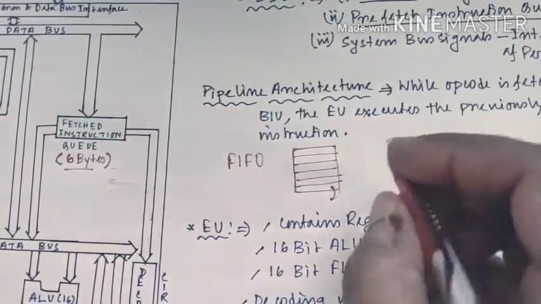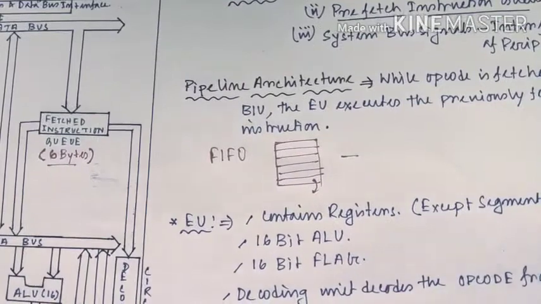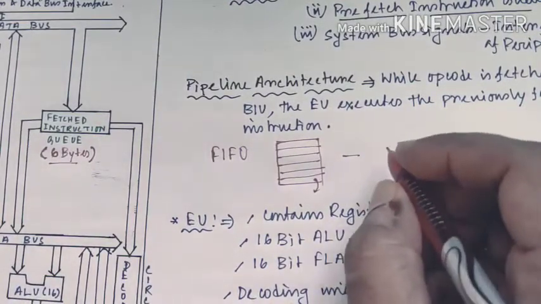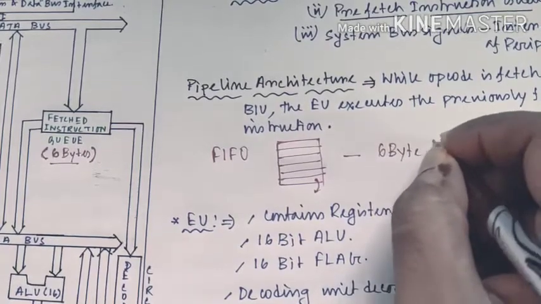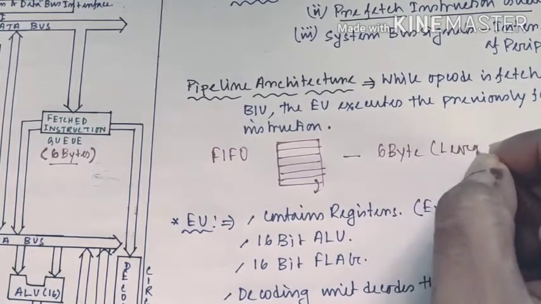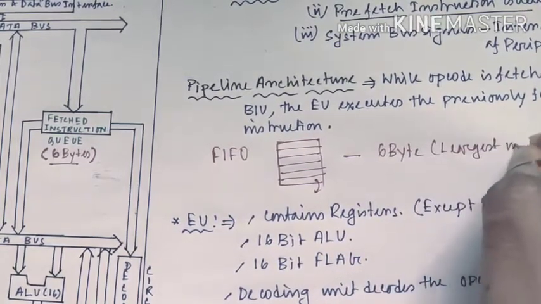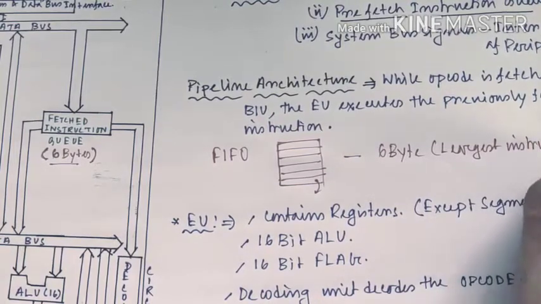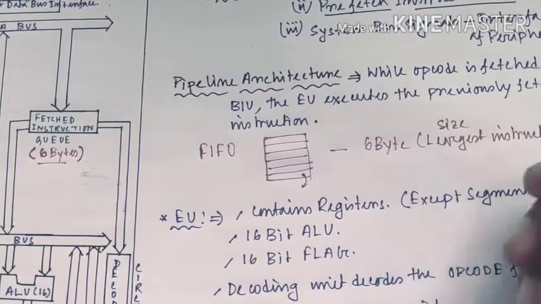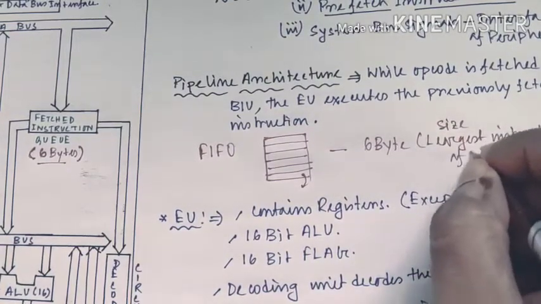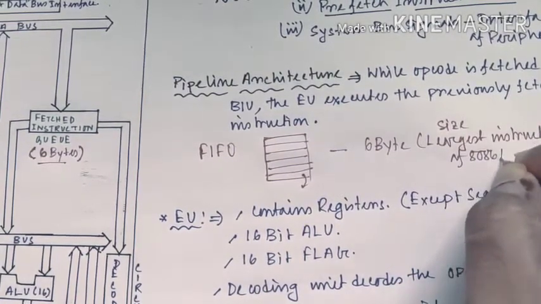The answer is very simple, because the largest instruction that 8086 has is of the length of 6 byte. So that is the size of the largest instruction of the 8086 microprocessor.